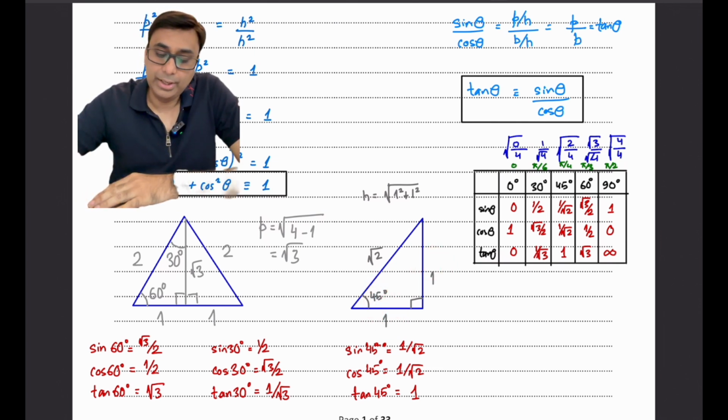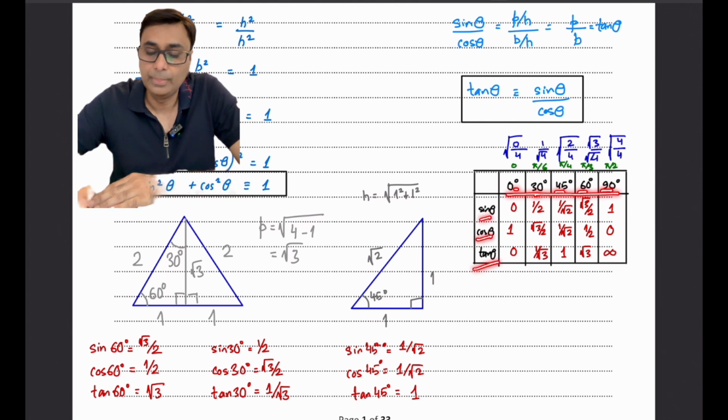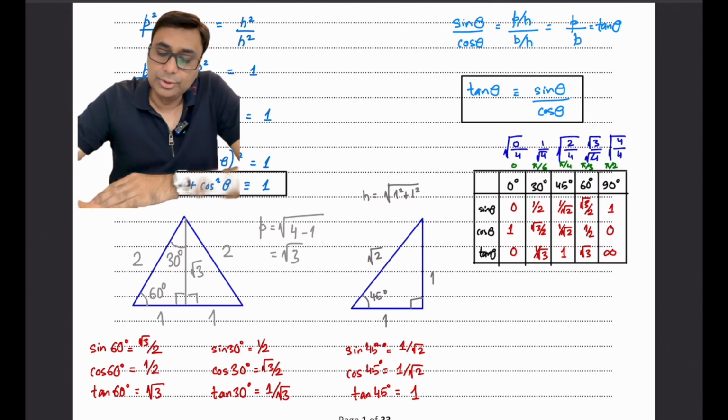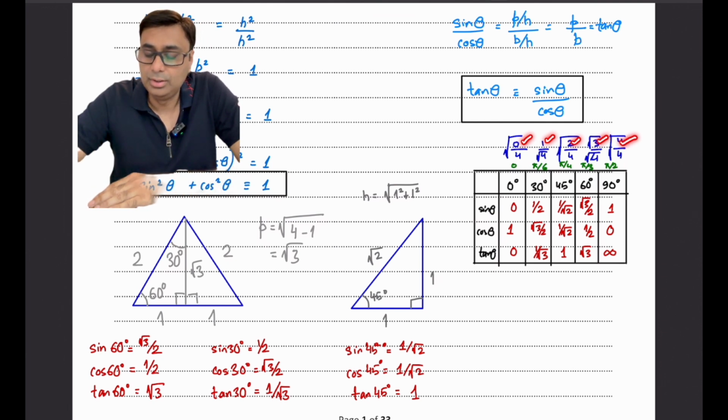There is another way. If you find this method a little long, you can start making this table. Just put in the values 0, 30, 45, 60, and 90, and the sine ratio, cos ratio, and tan ratio. Now, you should write these numbers in order, which is 0, 1, 2, 3, and 4.